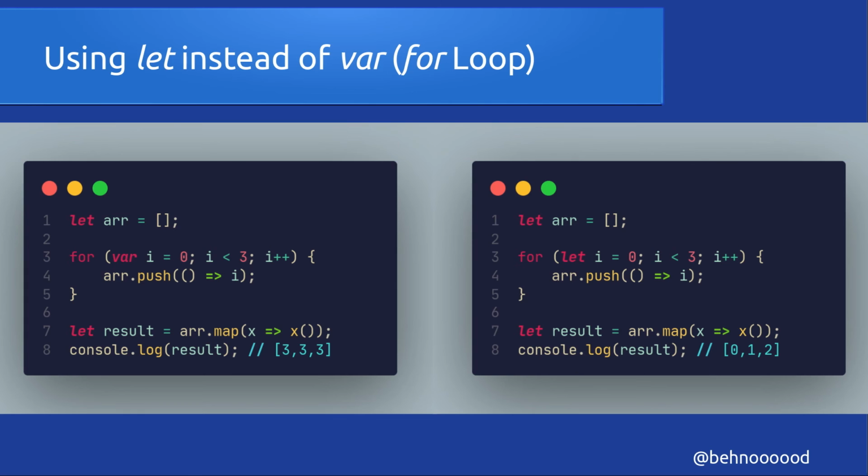Declaring a variable with var in the head of a for loop creates a single binding for that variable. Every i in the bodies of the arrow functions refers to the same binding, which is why they all return the same value.